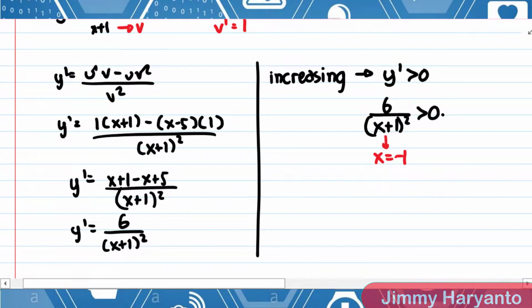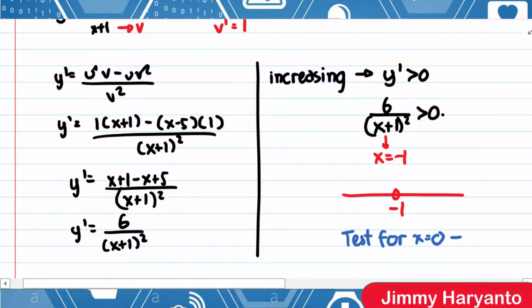Use the number line, there are no more values of x, only -1. And then let's test for x equals 0. The answer will be positive, 6 divided by 1, positive. So this one is positive, and this one is also positive. It will not change. Why? Because we have double -1.